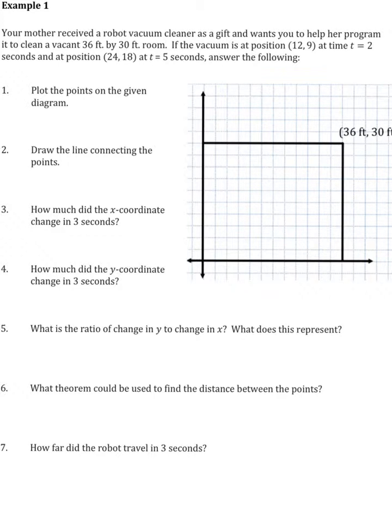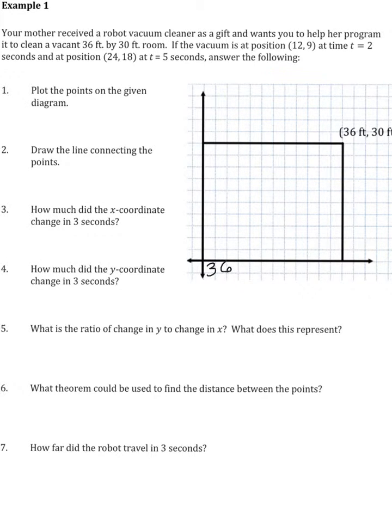So my first coordinate is at (12, 9). I obviously don't have 12 units here, so I take 36 and divide by 12, and I get 3. So each box is incremented by 3.